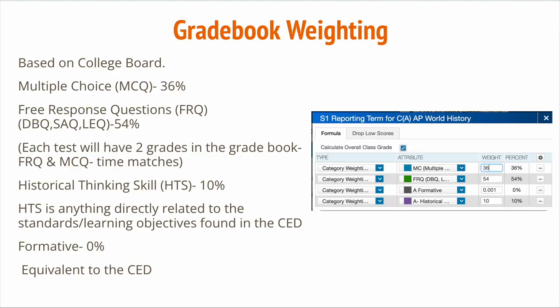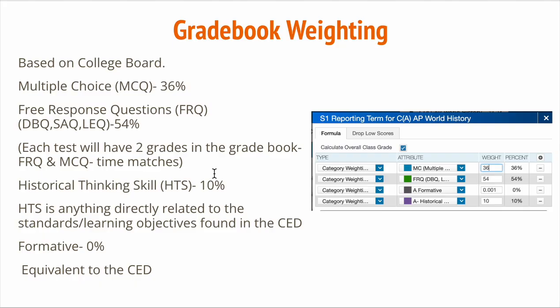Now, here's how my grade book is going to look specifically. Like I said, I base it off the College Board weighting, but I add another element to it. I'll jump down to these first. I have the historical thinking skill category, which is worth 10%. The historical thinking skill is basically anything directly related to the standards or learning objectives found in the CED.